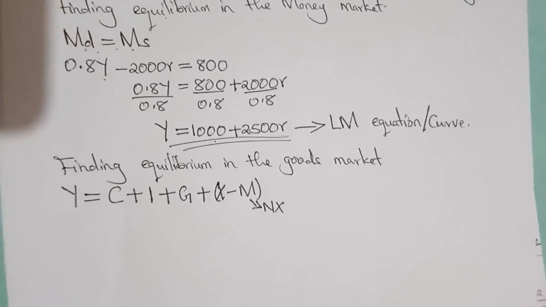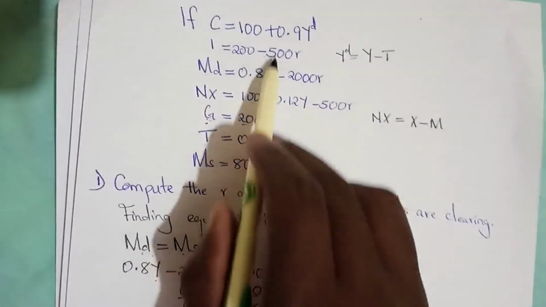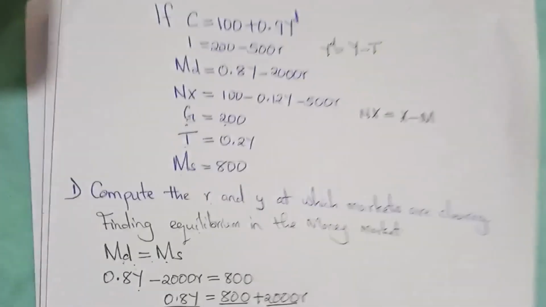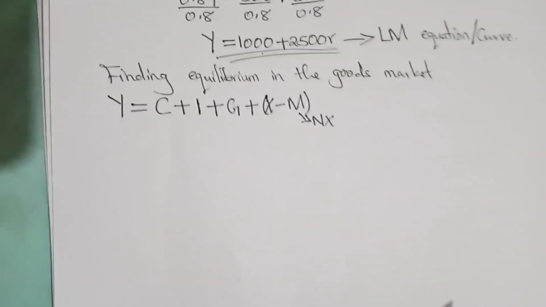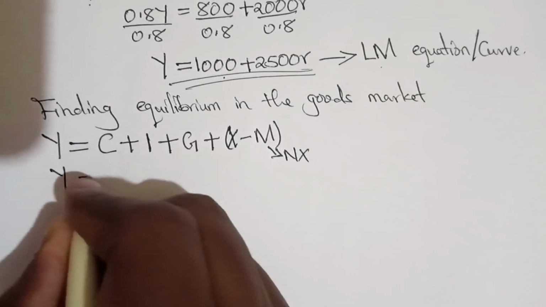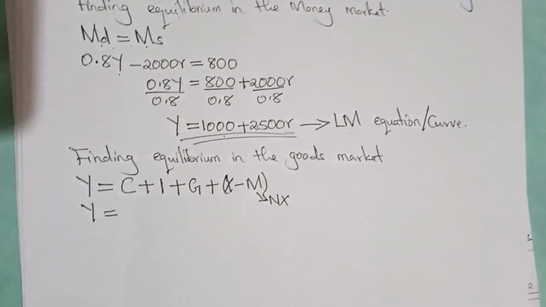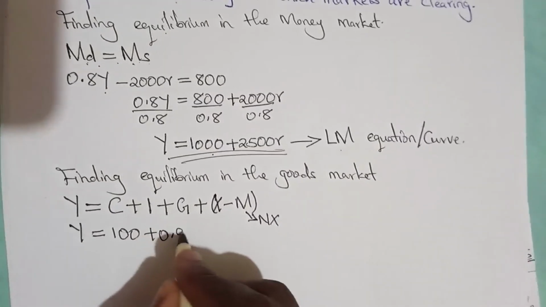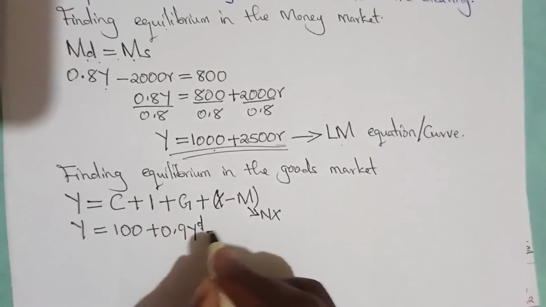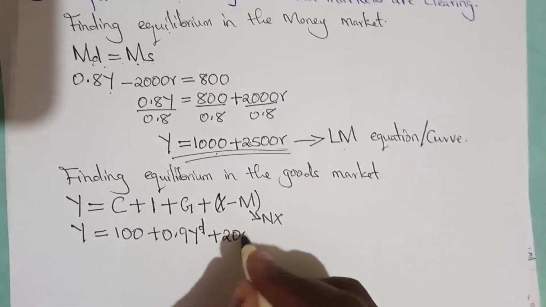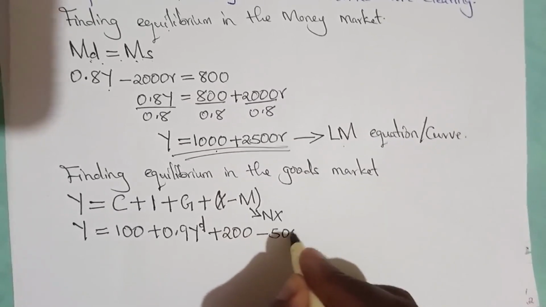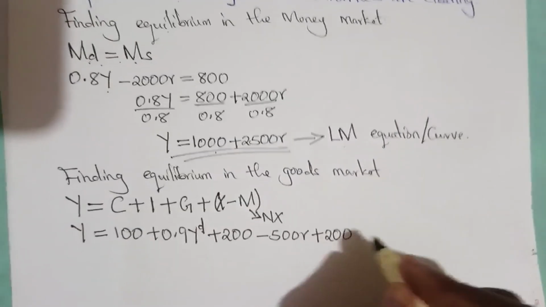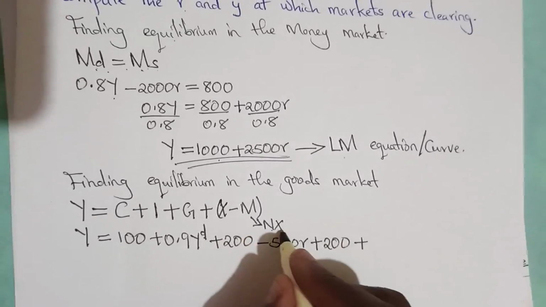Now, after writing your formula, you have the initial values in the equations you are provided with. What you do is substitute them in your formula, that Y is equal to C, which is 100 plus 0.9 YD, plus investment, which is 200 minus 500R, plus government expenditure, which is 200, plus net export.